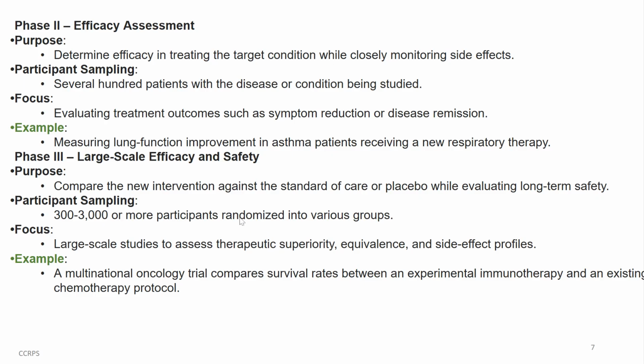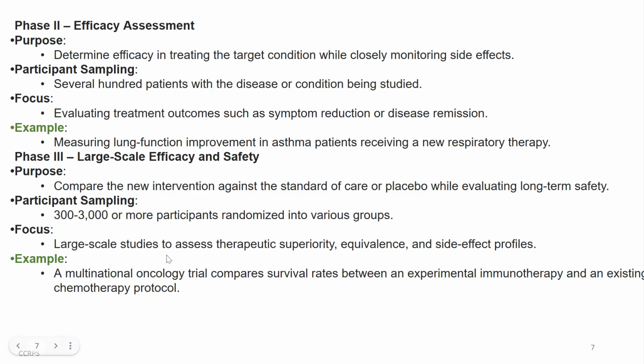We'll be using the investigational product or study medication against the placebo or, if not placebo, against the standard of care medication, the medication of choice already being prescribed and used for the targeted disease or condition.